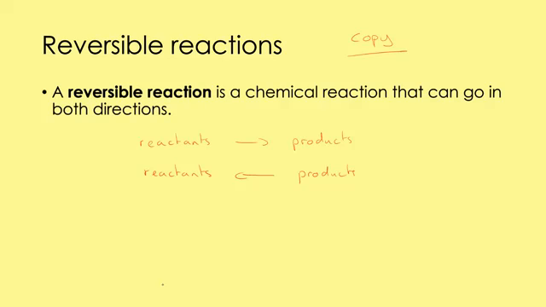Now, we don't want to write it out twice, so we could do 2 arrows like this to show that the reactants turn into the products, but the products turn into reactants. But we don't draw it like this. Instead, we have this special arrow for reversible reactions where we draw half an arrow going forwards and half an arrow going backwards. So this sign indicates a reversible reaction.